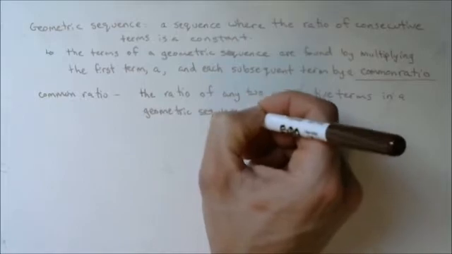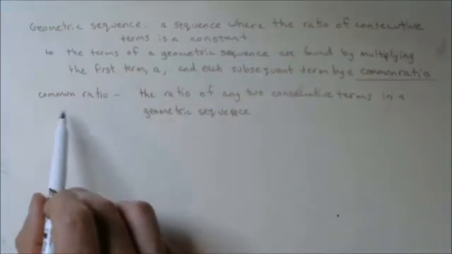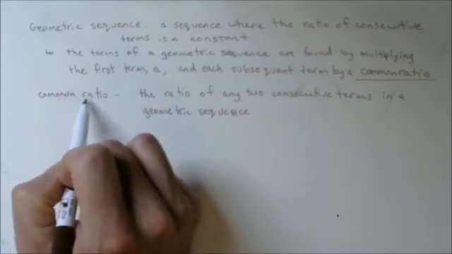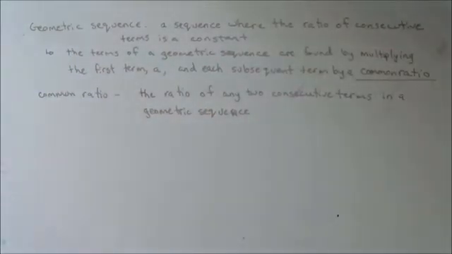So kind of the same relationship that we had between our terms yesterday. If it has a common ratio, it's a geometric sequence. If it's a geometric sequence, there's a common ratio. If not one, then not the other. Okay? Here we go.